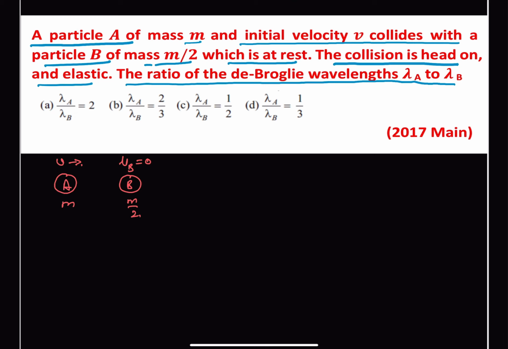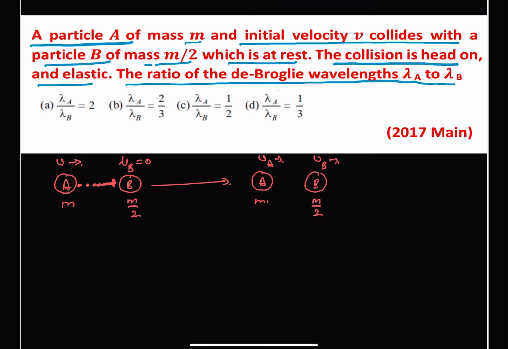Okay, and they collide with each other, and then after collision, let us suppose A of mass m is moving with the velocity of va, and we have B, which is of mass m by 2, moving with a velocity of vb, and it is said that it is elastic and head-on.